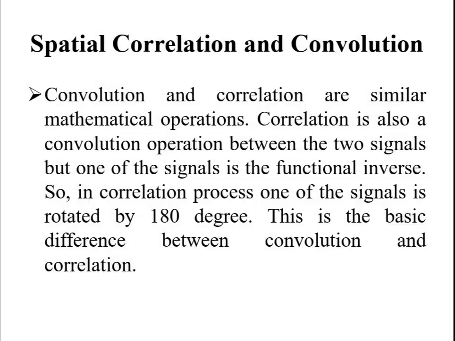In short, what is meant by convolution and correlation? Correlation is also a convolution-like operation between two signals, but one of the signals is reversed. Correlation is a measurement of similarity between two signals or sequences, while convolution is the measurement of the effect of one signal on another signal. The mathematical calculation of correlation is the same as convolution in the time domain, except that the signal is not reversed before the multiplication process.